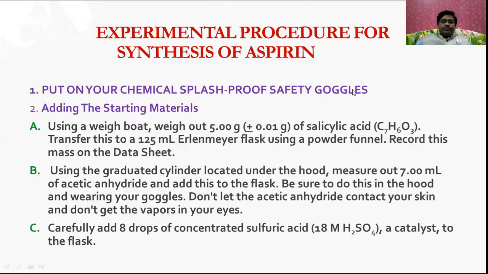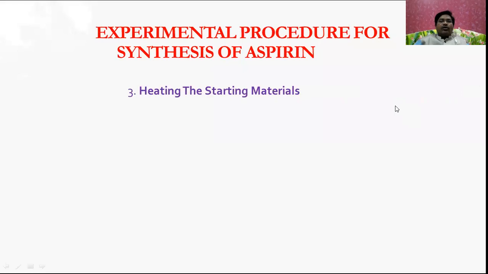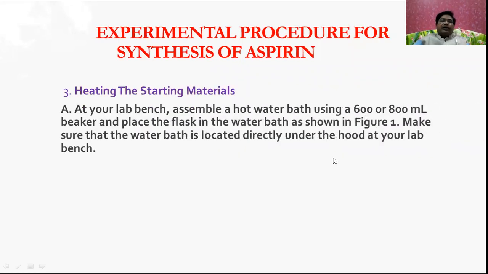Carefully add 8 drops of concentrated sulfuric acid, about 18 molarity, a catalyst, to the flask. Then the third step is heating the starting materials. At your lab bench, assemble a hot water bath using a 600 to 800 ml beaker and place the flask in the water bath as shown in the figure.